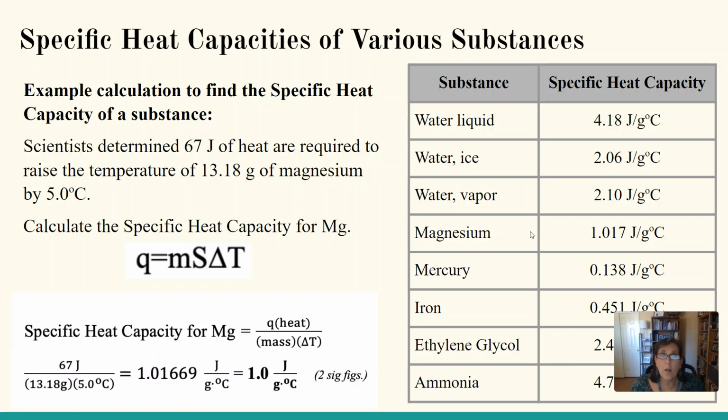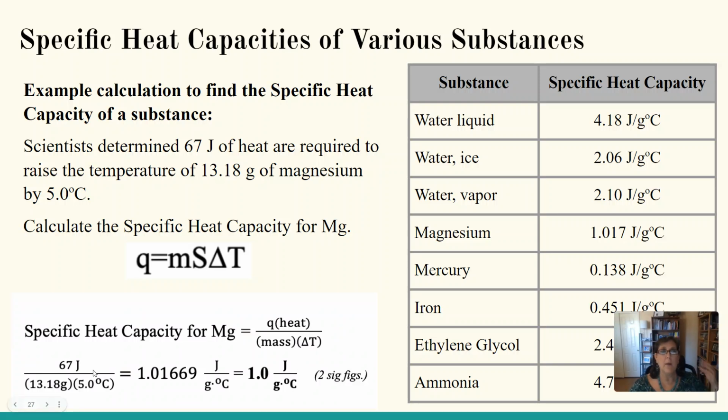So we're solving for specific heat capacity. So we're solving for S. So that's going to make S equal to Q over m delta T, right? And just follow the units. Specific heat units are joules over grams degrees Celsius. So we're going to plug in our joules over the grams degrees Celsius.